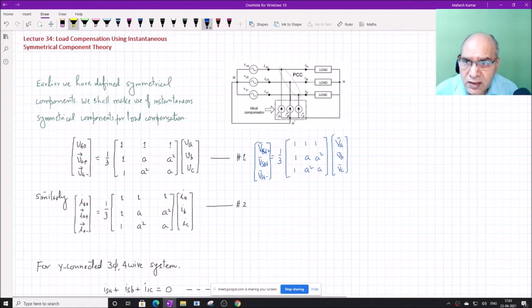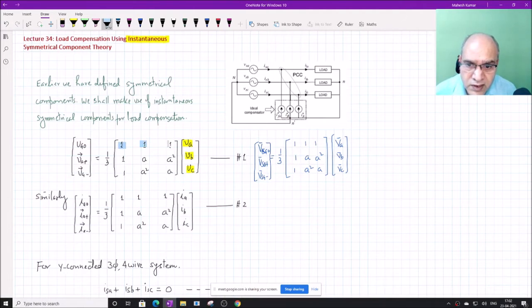But here the specific term is instantaneous. So what is changed in this formulation? These voltages are not phasors, but instantaneous. So VA, VB, VC are actually instantaneous phase voltages. This matrix remains the same, it won't change.